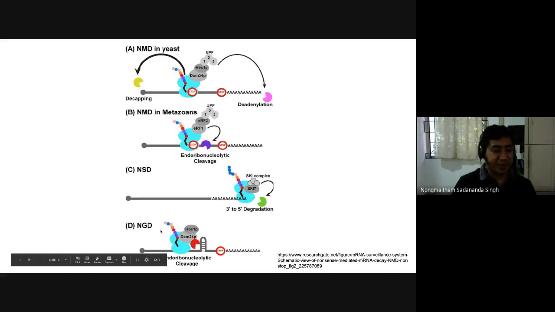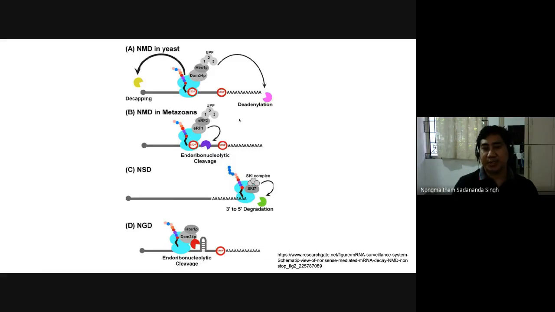Okay, so even in prokaryotes, I don't have the slide here, but I will definitely include one, these kinds of stuck ribosomes are present in prokaryotes as well.